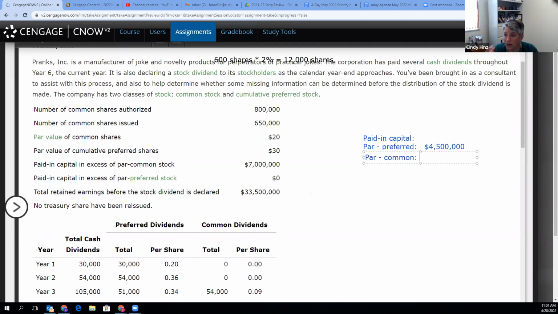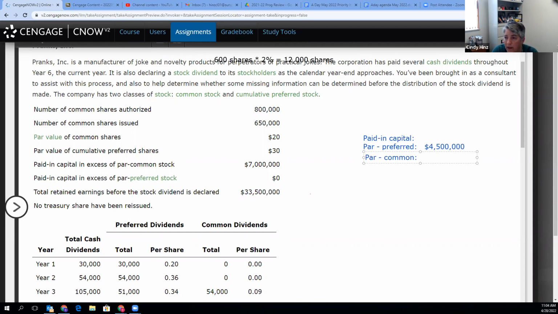We know that there are 650,000 shares of common stock that have been issued, but there are 600,000 outstanding. So we know that the 50,000 shares are typically shown as a deduction, or a reduction, maybe is a better word, in our equity.